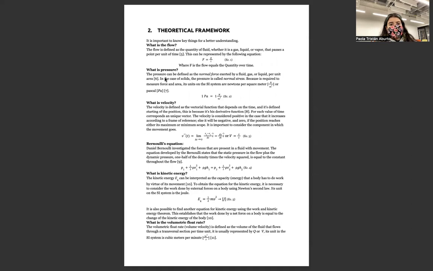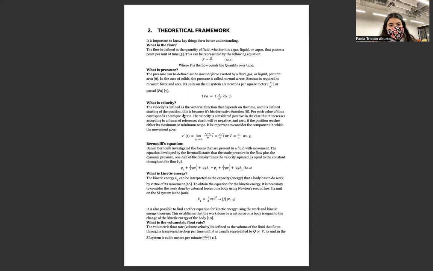The pressure can be defined as the normal force exerted by a fluid or gas per unit of area. Because we're measuring force over area, its units in the international system are newtons per meter squared, or the Pascal.